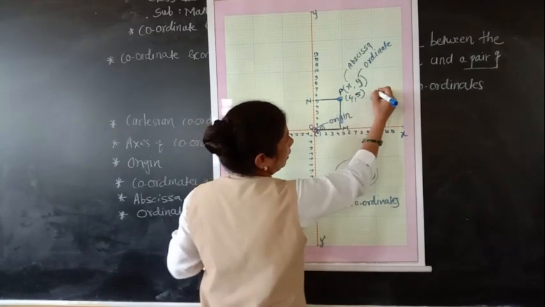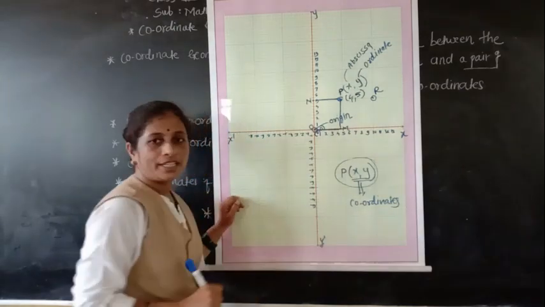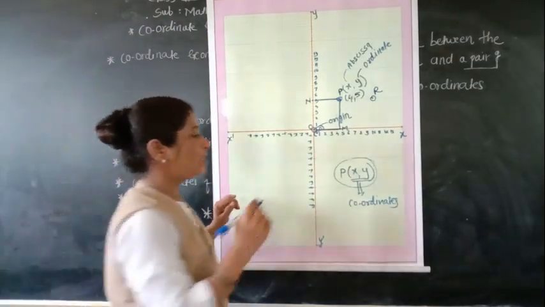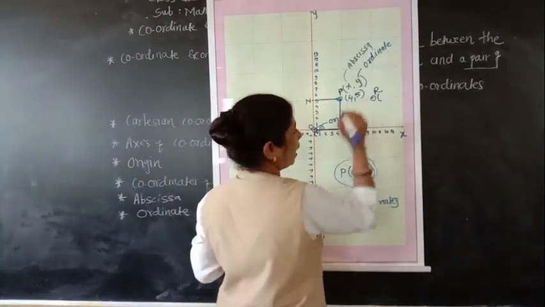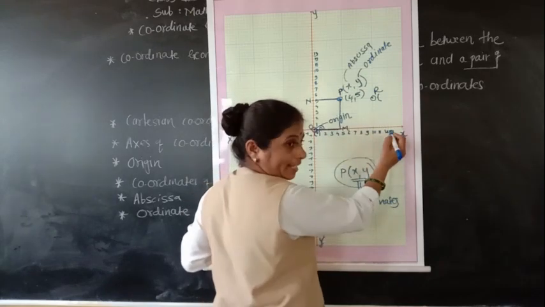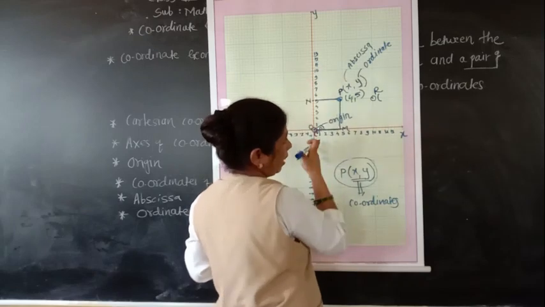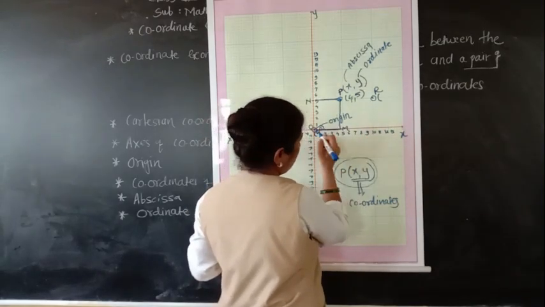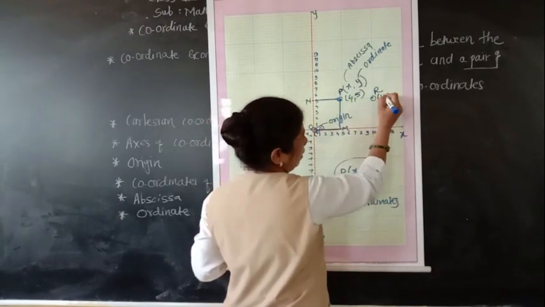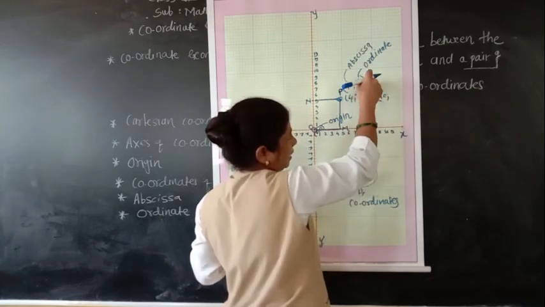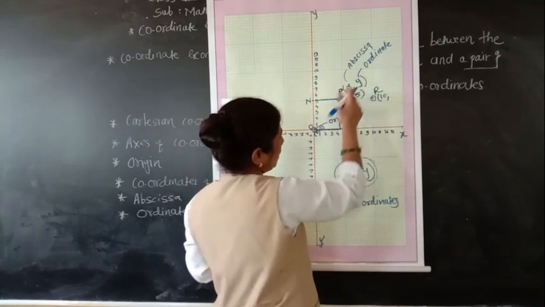Then this point is R. Suppose we have to write the coordinates of R. How will we write them? First we have to write the x. R is how much distance from the y-axis? We have to read the distance. Here it is 10. And from the x-axis, how much distance is R?